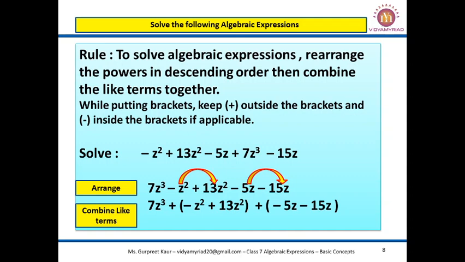While putting the brackets, keep your plus sign outside the bracket and take the negative inside, to avoid any calculation mistakes. Plus is outside, plus has no danger. Minus z square plus 13z square, again minus 5z. So minus 5z I am taking inside the bracket, so outside will be plus. Plus, bracket open, minus 5z minus 15z. Solve it, you get your answer as 7z cube plus 12z square minus 20z.